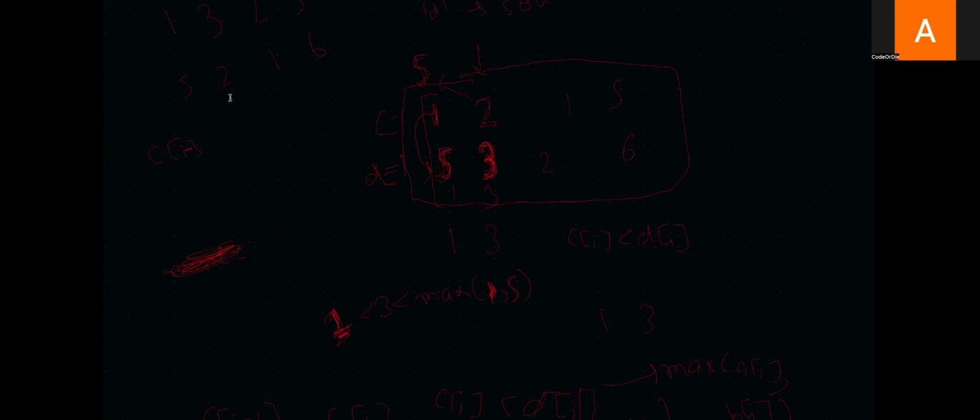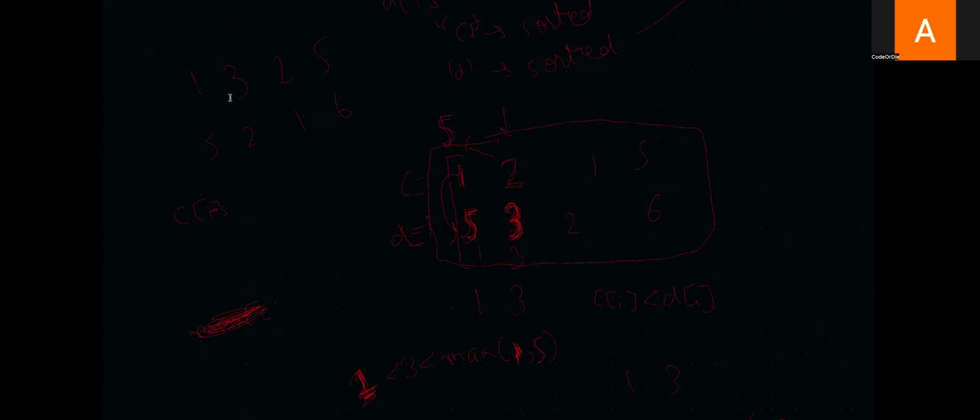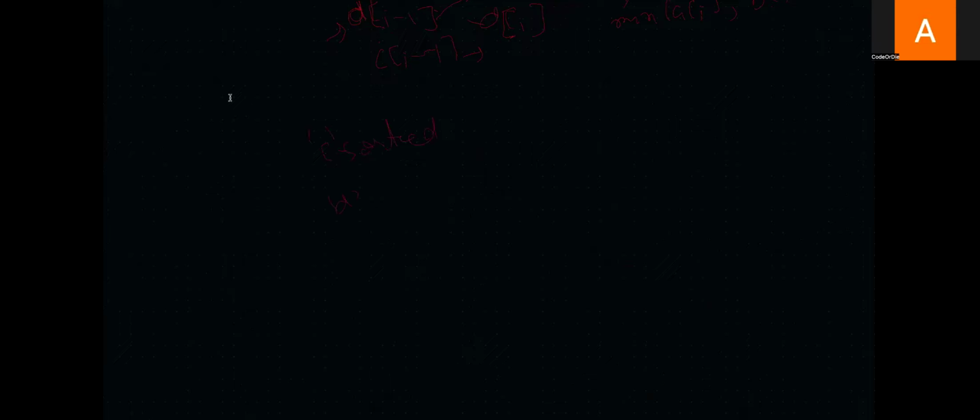Because our question claims that there is always one good subarray. So is this fact true, that C is sorted and also D is sorted? Okay, this is my one claim. Now let's move to the second part of this question. How can we calculate the number of good segments?